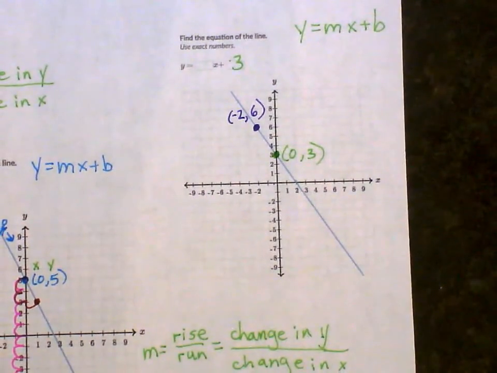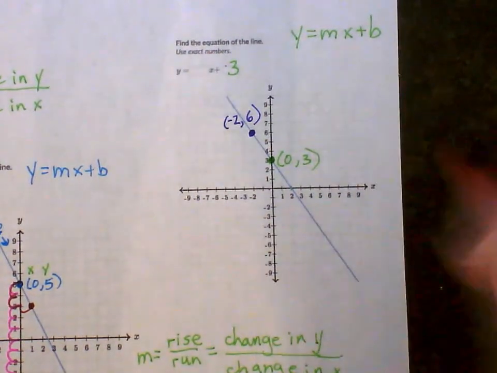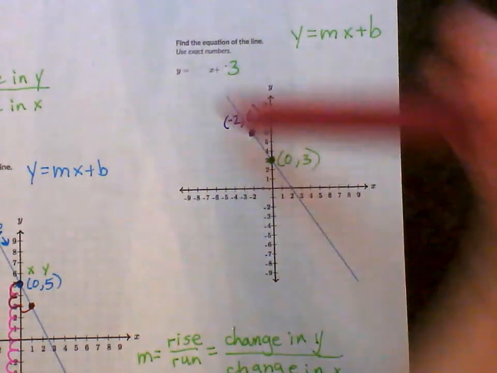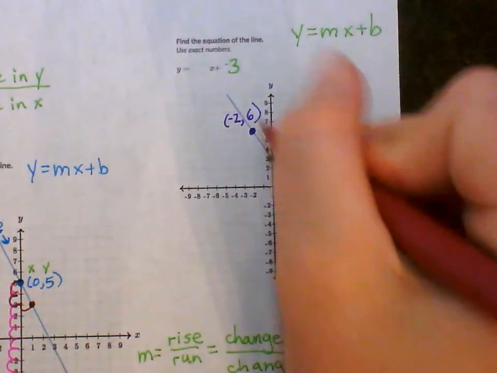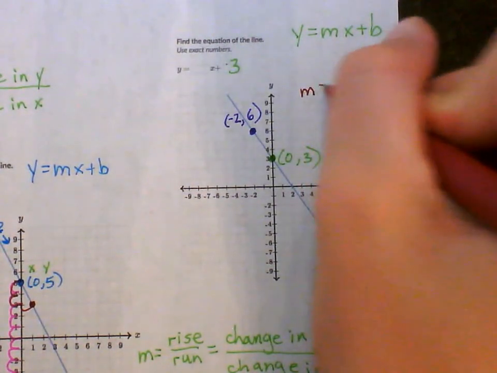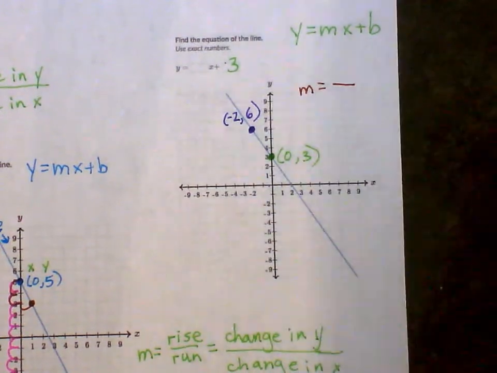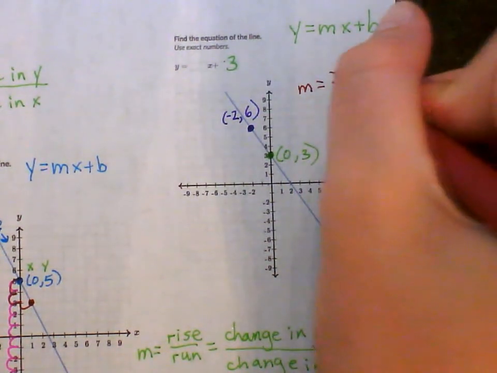Okay, and then you can do it either way. You can do the jumps or you can do the math, whichever way you prefer. So I do know the slope's going to be negative because the line is falling from left to right. So to go from 6 to 3, because it's change in y over change in x, so we have to start with the y. 6 to 3, we dropped 3.